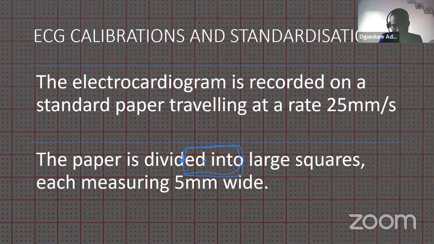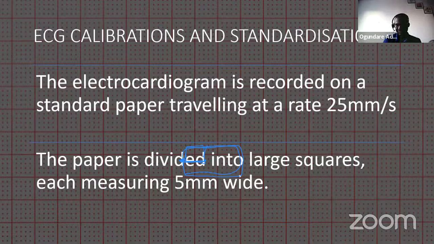This is a full large box, so this is 5 mm, plus two smaller boxes. One small box is 1 mm, the other one is also 1 mm. So this is going to be a total of 7 mm in width. You can apply that to your interpretation.